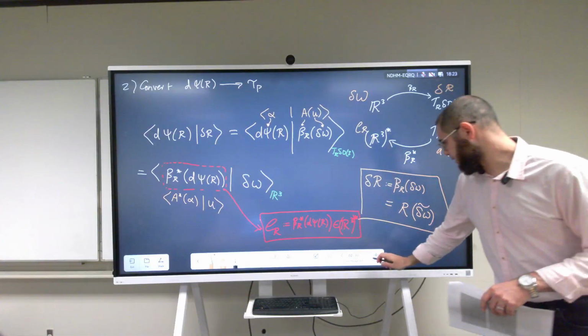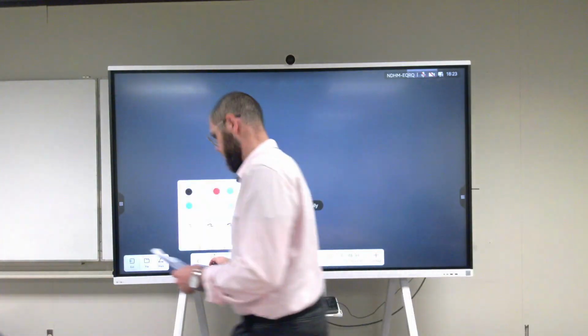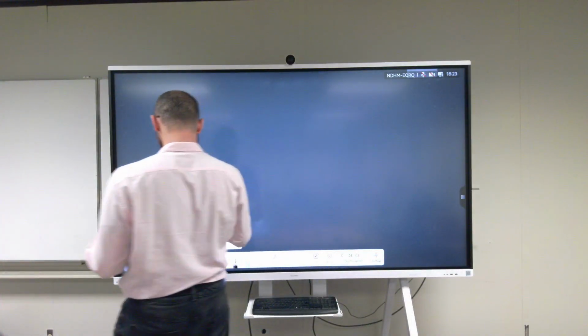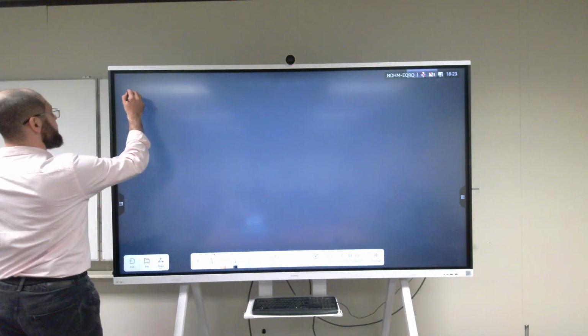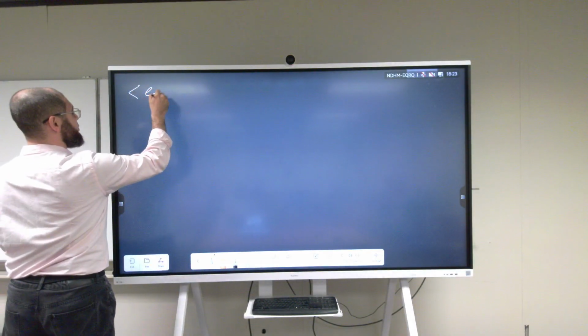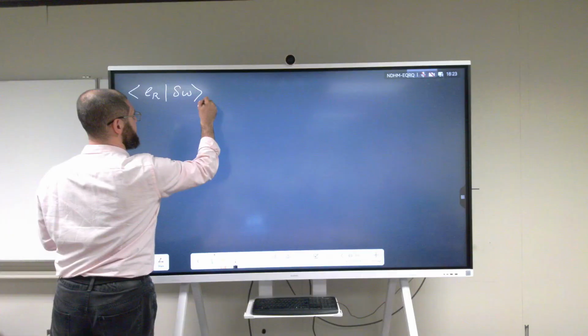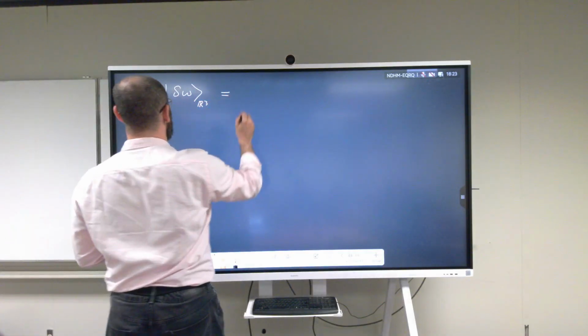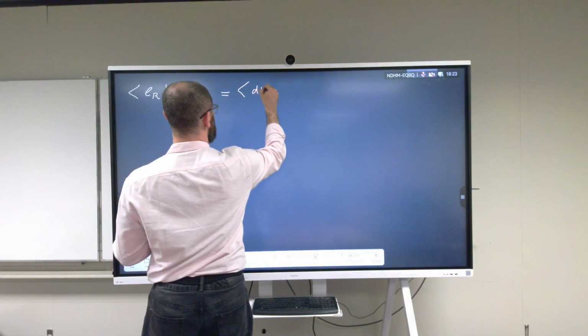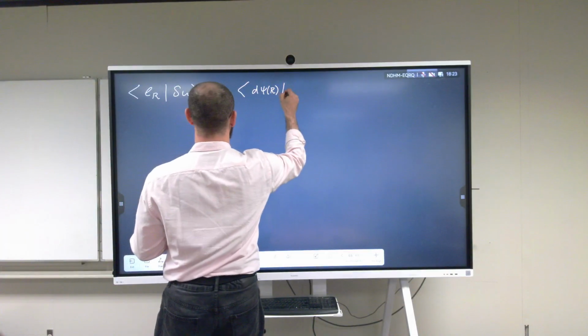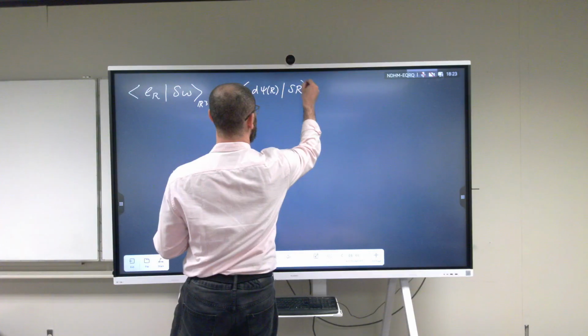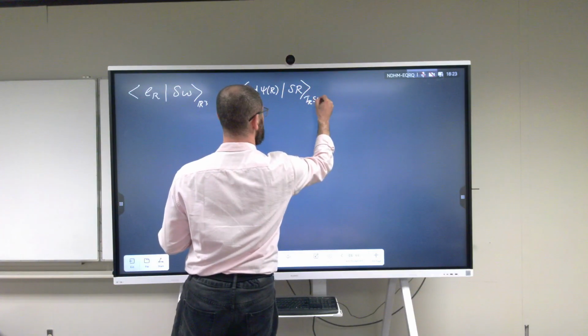Let's go to the next slide. So now we came to the conclusion that we have this scenario. So this is in R3, and this is equal to d psi of R with delta R, which is in this space.